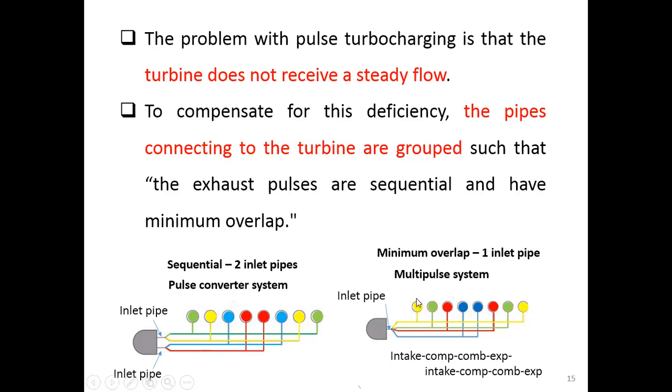Okay, let's go over again. The yellow one is intake, the second one is compression, the third one is combustion or power, and the fourth one is the expansion, right? Okay, so the first exhaust comes out from the blue.